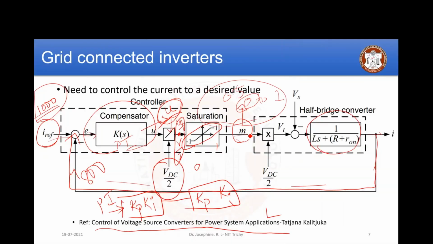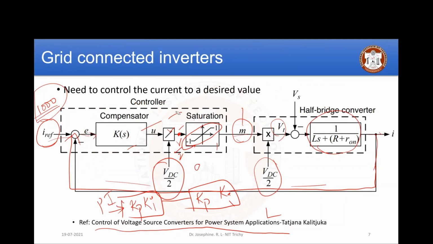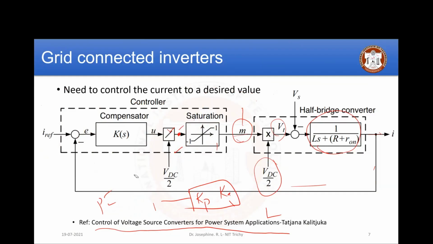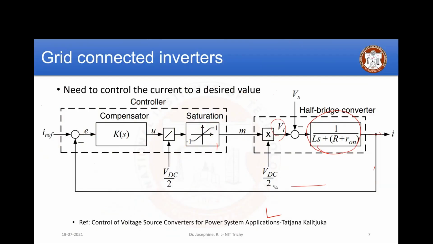So once you know M, you'll give this VDC by 2, Vt, and this is your half bridge converter. Okay. So once you develop this network, you have this representation. Once you get that, as you have got a closed loop, you can tune your KP, KI values.